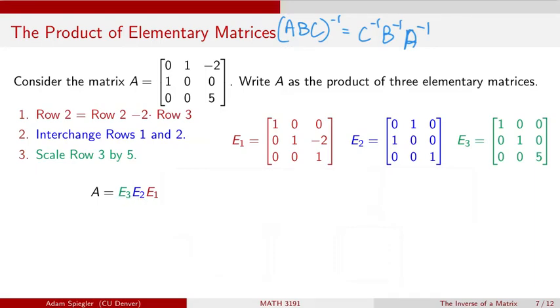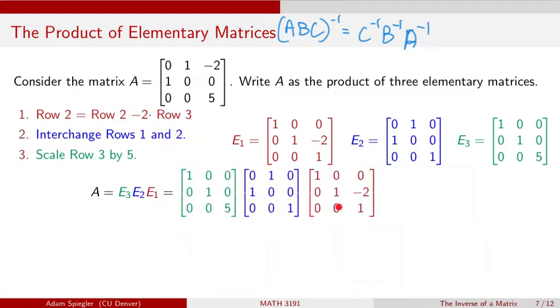Now we can check our work to see if this works out. E1 times this matrix over here. E2 was the elementary matrix for just that single operation of interchanging rows. And then E3 was this scaling operation. If you multiply this product out, and there are different ways you might decide to do so, you can multiply these two matrices first and then multiply by the third one.